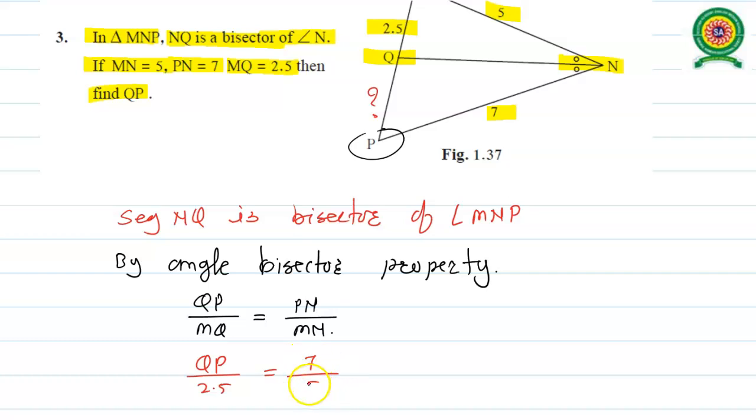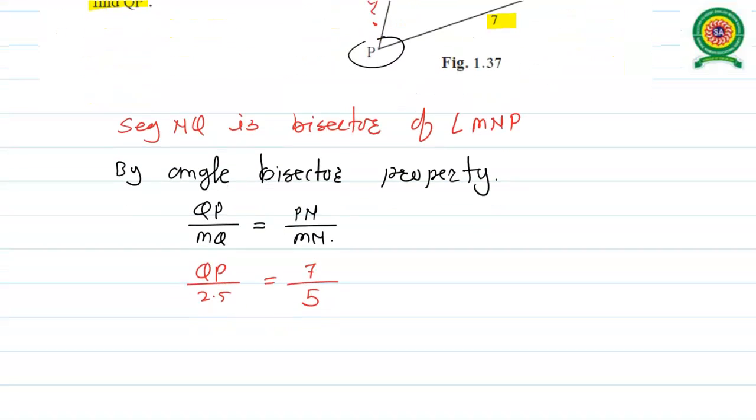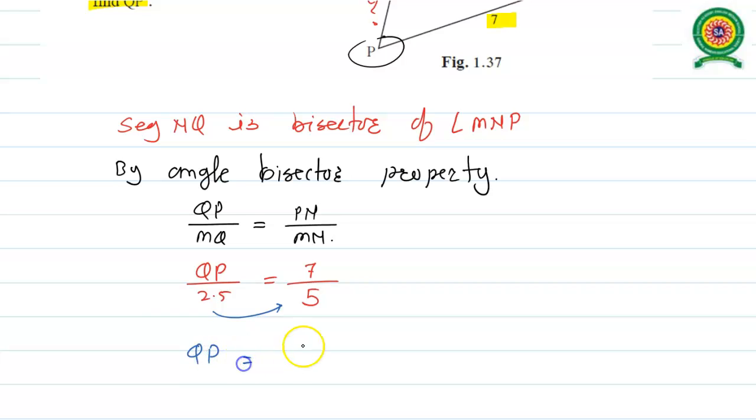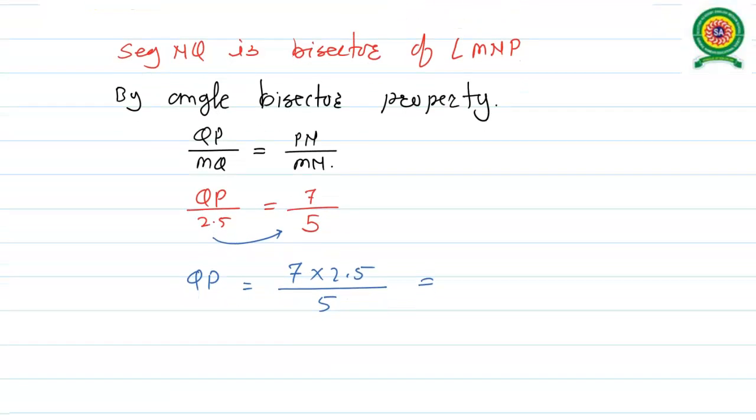Now shift 2.5 from LHS to RHS, so that we get the value of QP in the form of: 2.5 is the divisor, after shifting it becomes a multiplier. Multiplier to whom? To 7. Keep in mind, whole divided by 5. Now to cancel out this decimal point, we have the decimal after one place in the numerator, so multiply and divide simultaneously by 10.